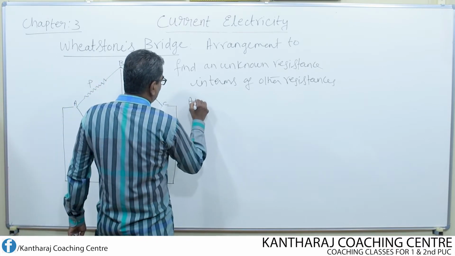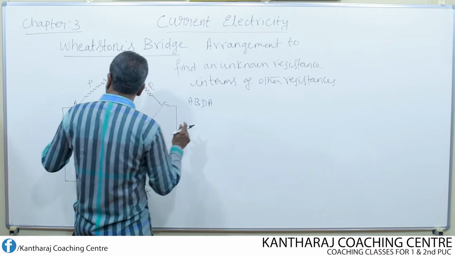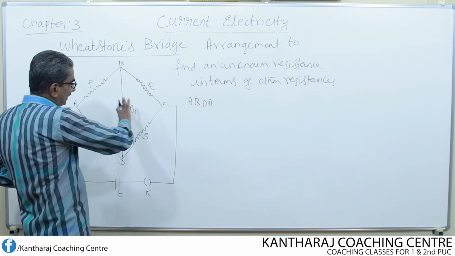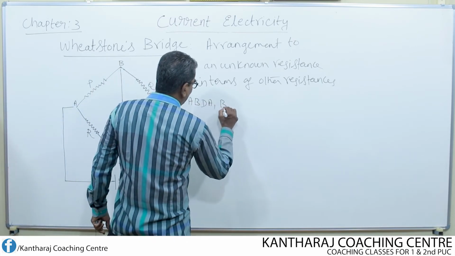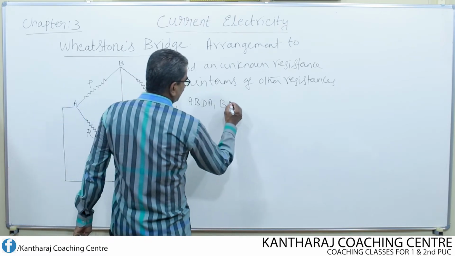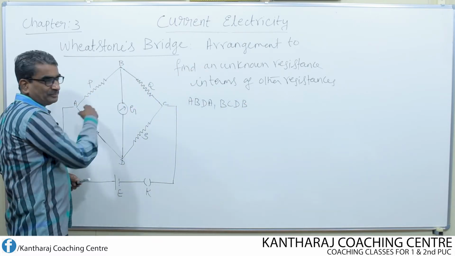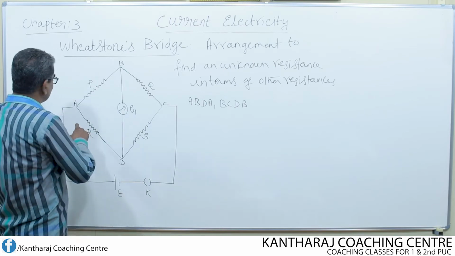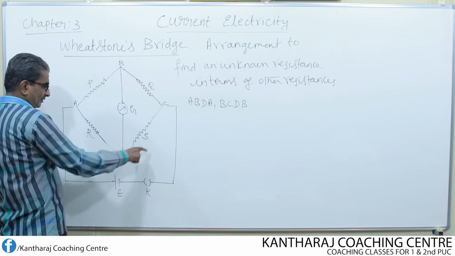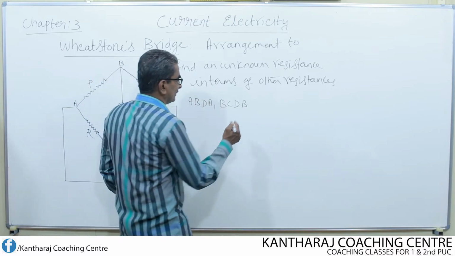So A, B, D, A. From whichever point you start, come back to the same point. This is loop 1, the left side triangular loop. The right side triangular loop, B, C, D, B. This is one more loop. And also, let's consider one more loop, A, B, C, D, A. So this forms another loop.